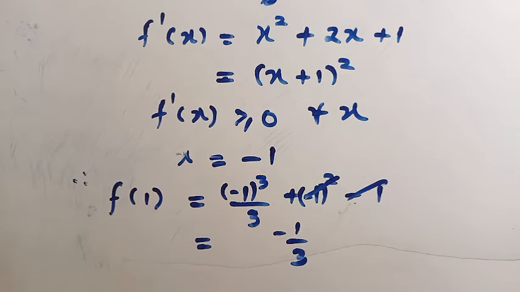And since the derivative is 0 at only a single point, which is minus 1, and it is positive every other way, this is called monotone increasing. That is, f here is strictly increasing, which means this is a one-to-one function, and its derivative is positive everywhere else.